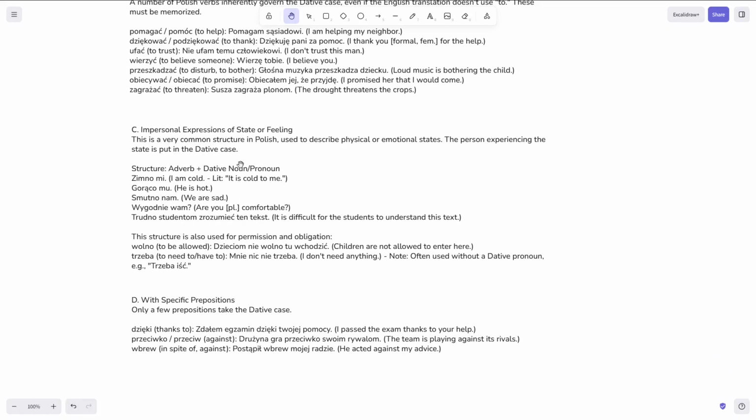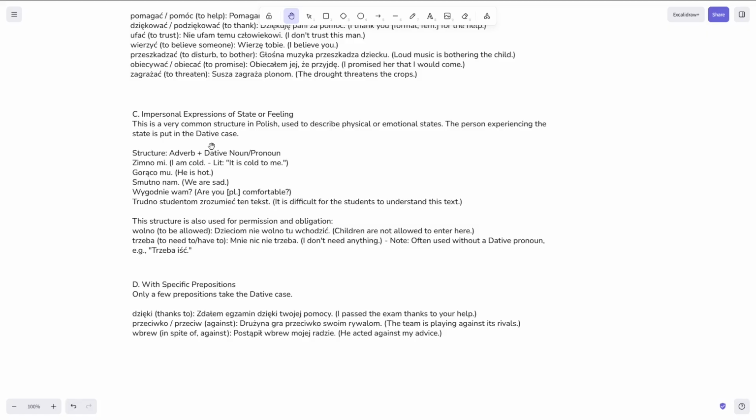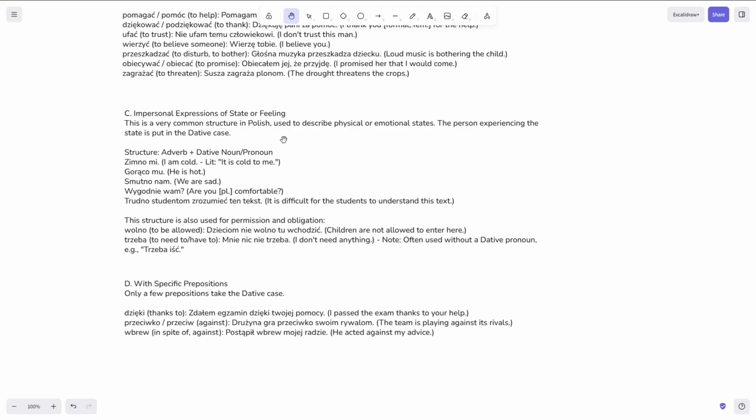Next thing is impersonal expressions of state or feeling. So this is a very common structure in Polish used to describe physical or emotional states. The person experiencing the state is put in the dative case, okay? So these are basically the standard things such as, I am cold, he is hot, we are sad, are you comfortable?